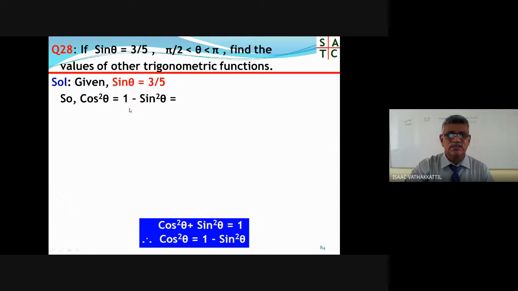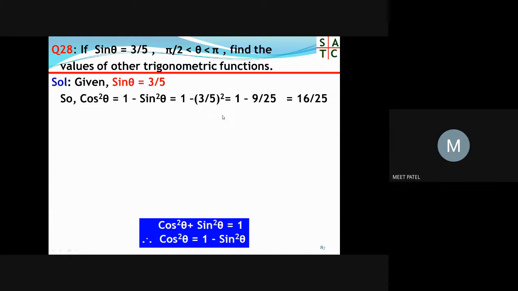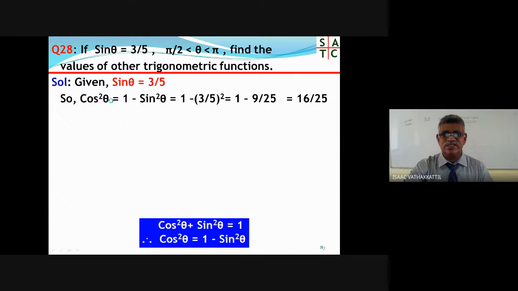That is 1 minus 3 by 5 squared, that is 1 minus 9 by 25. What is 1 minus 9 by 25? 16 by 25. Cos squared theta is 16 by 25.